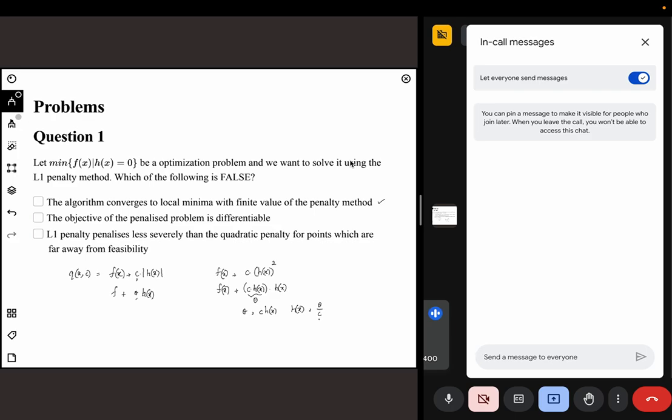The objective of the penalized problem is differentiable. Is this differentiable? Okay, so what would be the differential value if I want to calculate it? Say it's only one function. It's del q by del x. What is del q by del x?